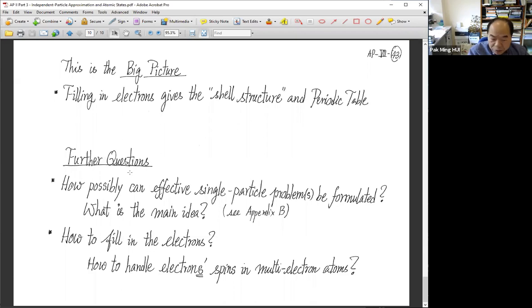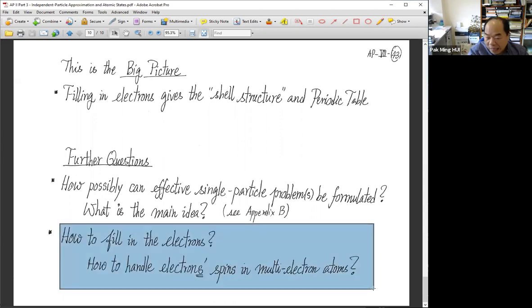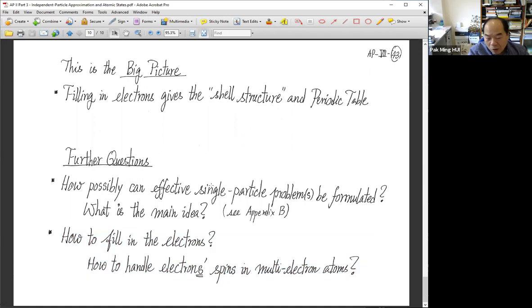So this is the big picture. Then we have the remaining question to ask, okay? How to fill in the electrons, okay? We have seen how we can formulate the effective single electron problem in the Hartree or Hartree-Fock way. We have seen that.